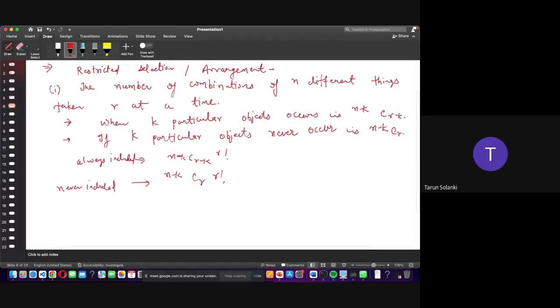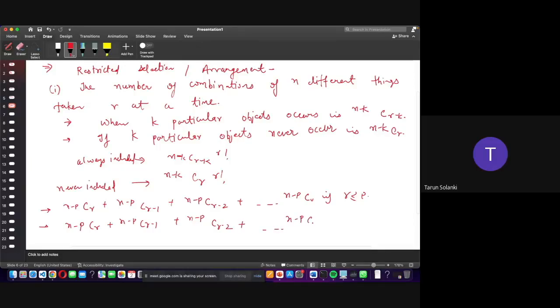Next is the number of combinations of n objects of which p are identical, taken r at a time. That will be (n-p)Cr plus (n-p)C(r-1) plus (n-p)C(r-2) up to (n-p)C0 if r is less than p. Similarly, (n-p)Cr plus (n-p)C(r-1) up to (n-p)C(r-p) if r is greater than p.